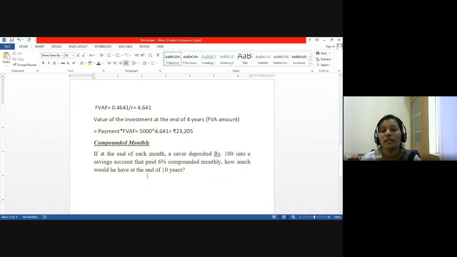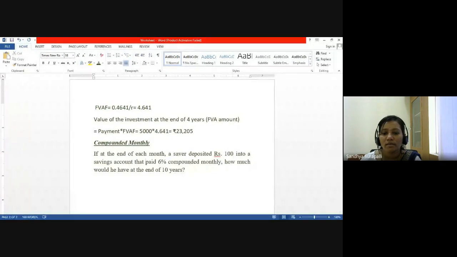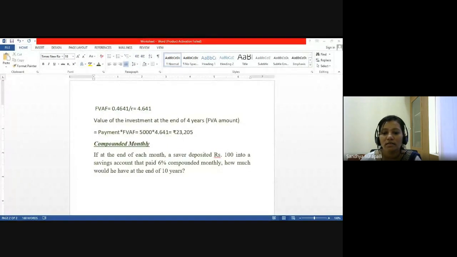So if at the end of each month a saver deposits 100 rupees into a savings account that pays 6% compounded monthly, how much would he have at the end of 10 years? So what is happening here? They are saying that it is being compounded every month for 10 years.